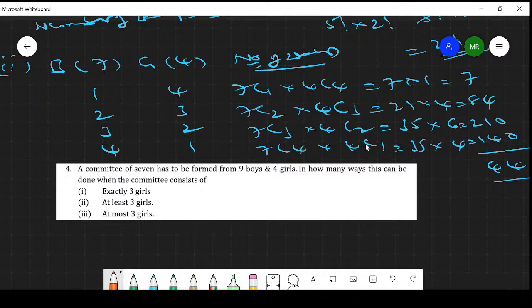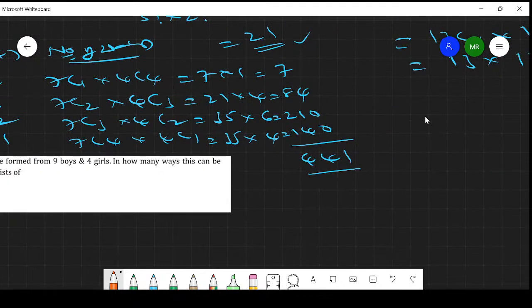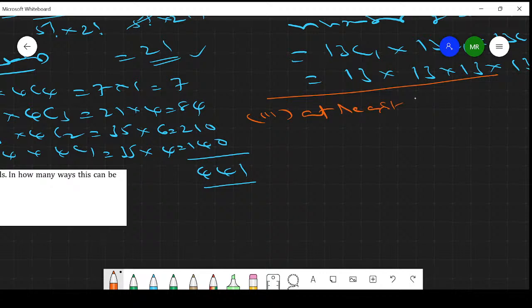See, the third is the at least 3 girls case. I will show you that one. When at least 3 girls, we know boys we have 7, and girls we have 4.